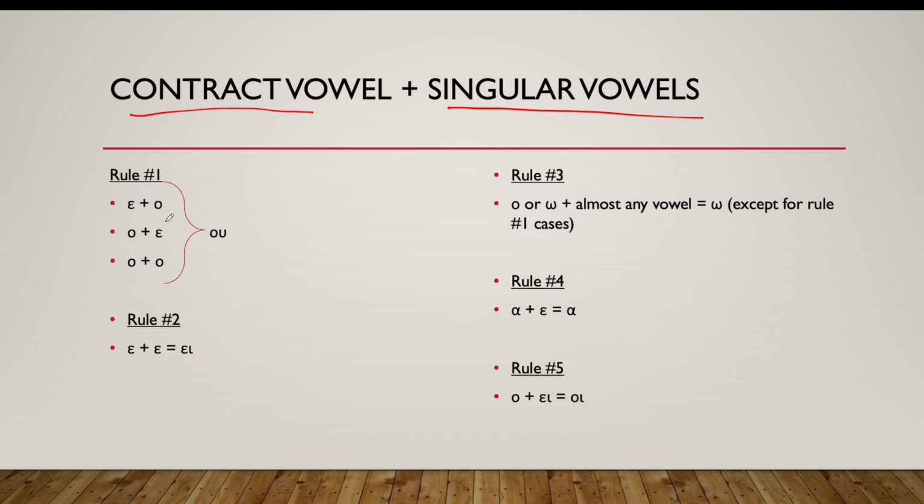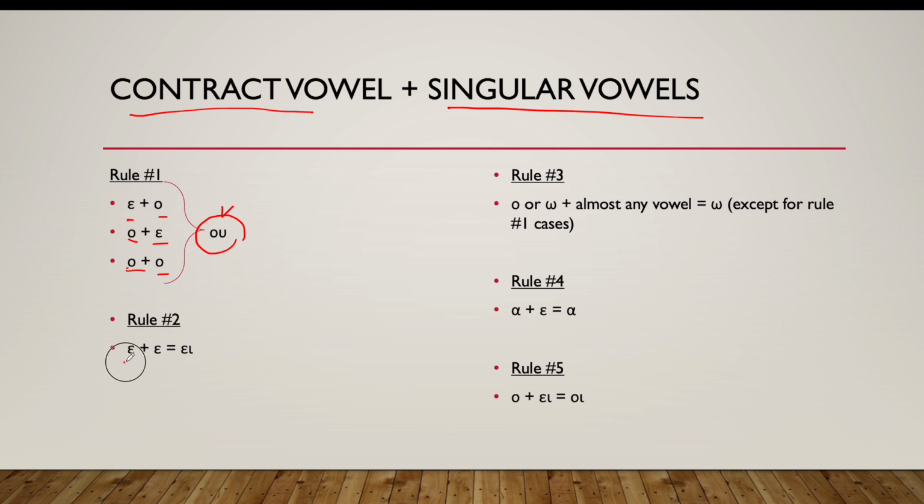So what we see here is the final product of an ου, and to get there you have an epsilon and an omicron, or an epsilon and an epsilon, or 2 omicrons combining. Okay, so these vowel combinations result in an ου.